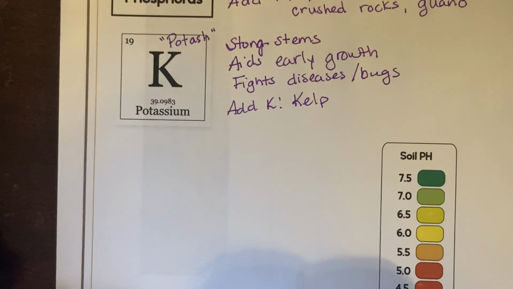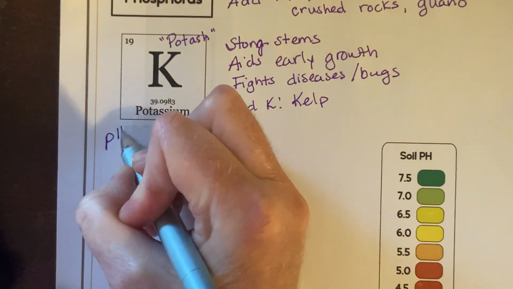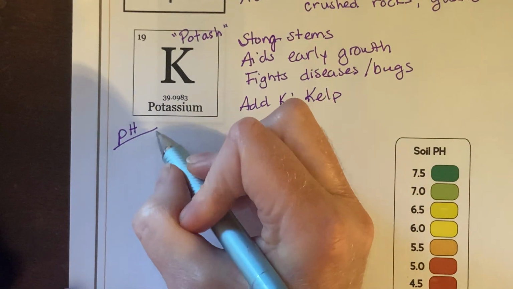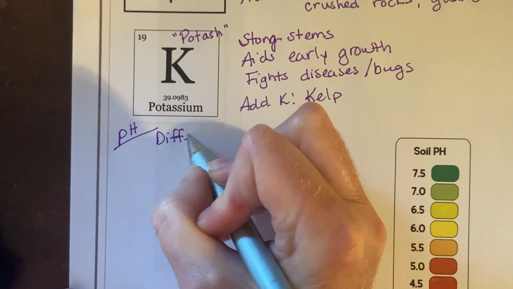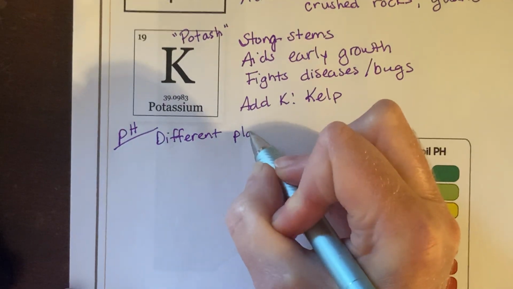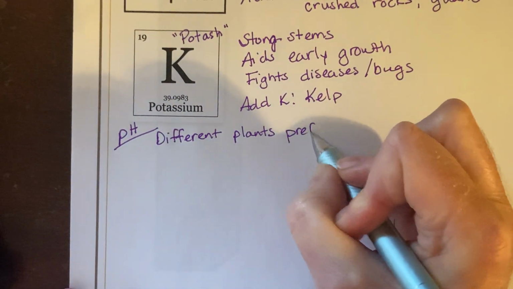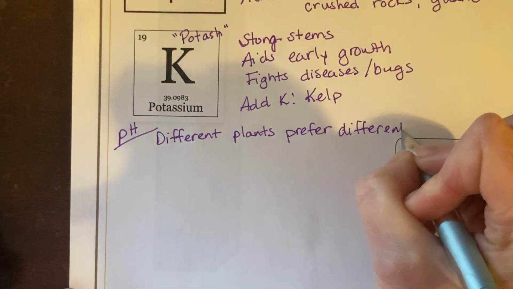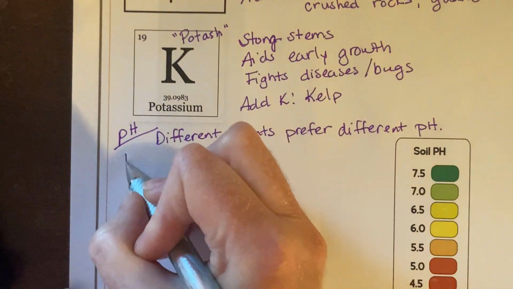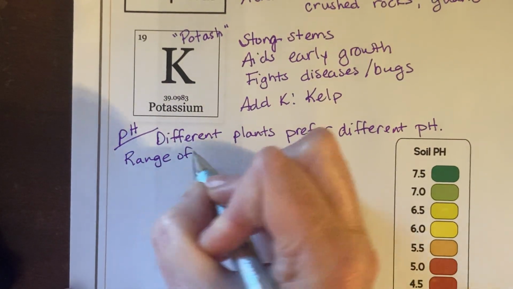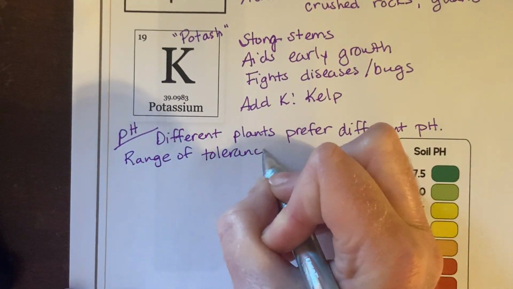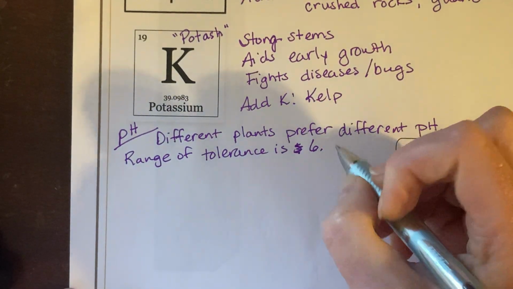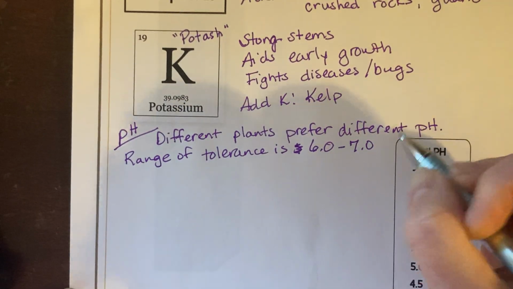Okay, now let's talk about pH. Different plants prefer different pHs, so it's in their range of tolerance. The range of tolerance for most is about 6 to 7.